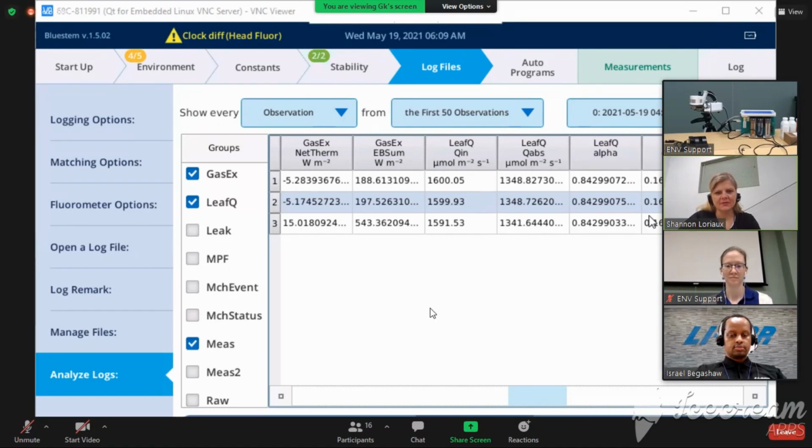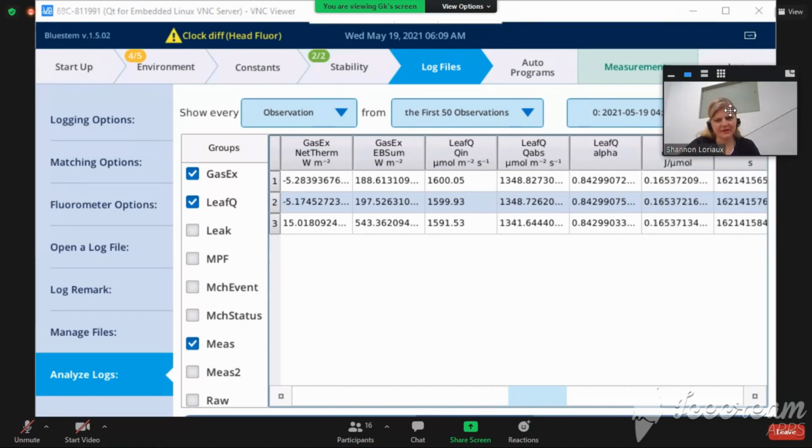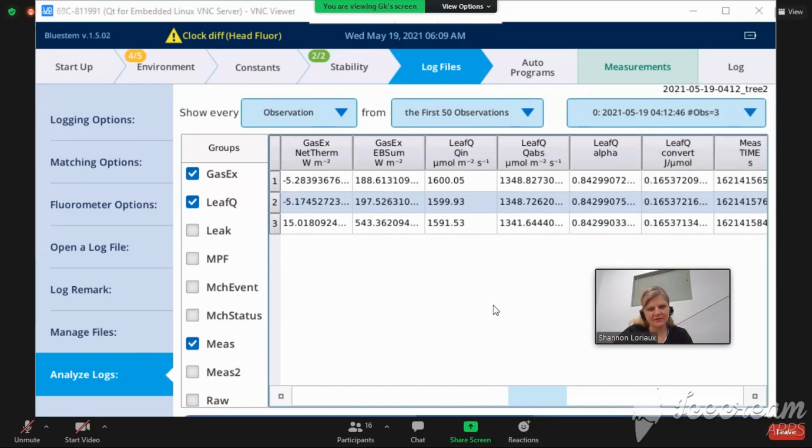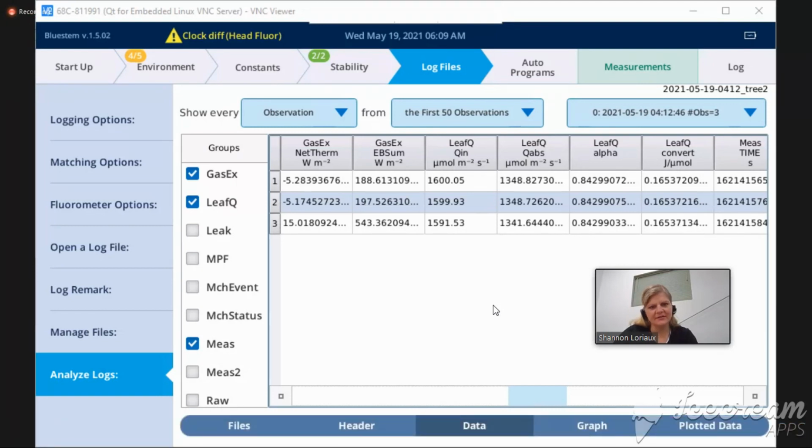Yeah, so the thing that is puzzling Elizabeth and me is that the light level outside the chamber for this file that we're looking at is 1600, which should be close to full saturating light conditions for this plant.